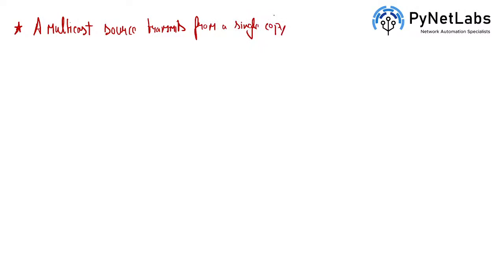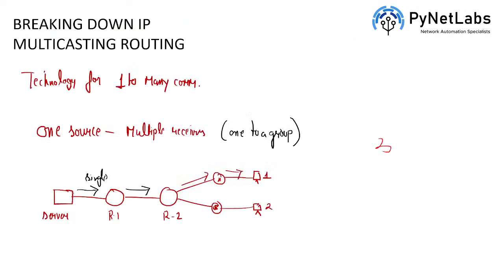I'm writing here that a multicast source transmits a single copy of any packet, which I already showed you in the previous example: when it comes to multicasting, only one single copy of the packet will be released.